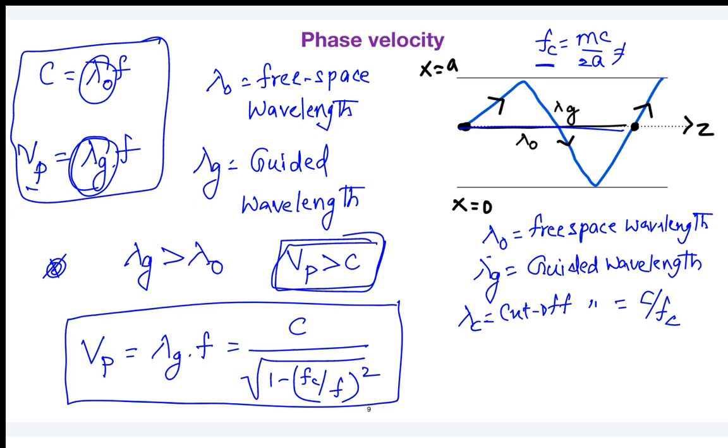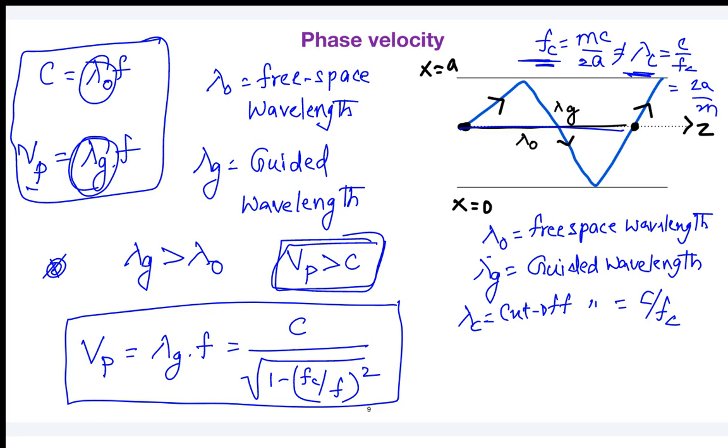In terms of wavelength, the cutoff wavelength is c by fc, which is the same as 2a by m. When the frequency is minimum, your cutoff wavelength is maximum. So lambda c is the cutoff wavelength, or the maximum wavelength that is allowed inside the waveguide.